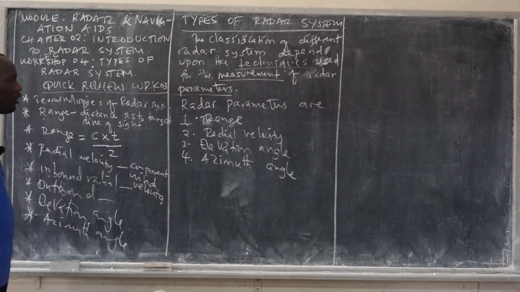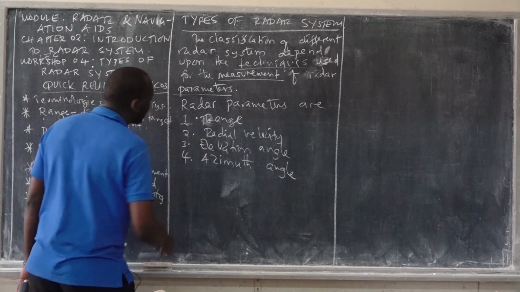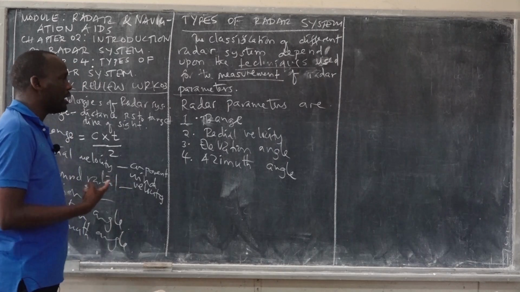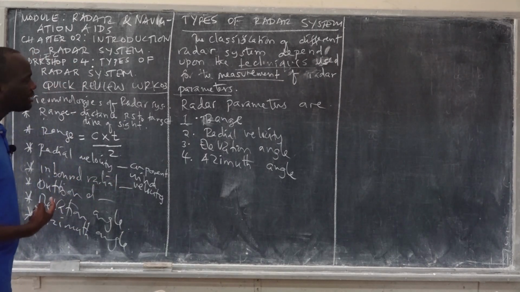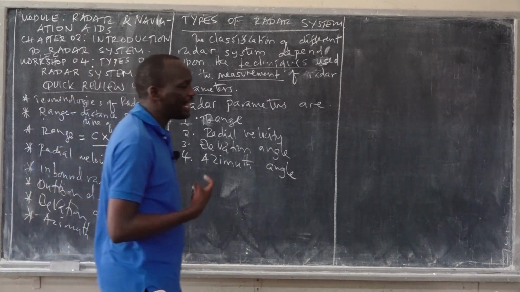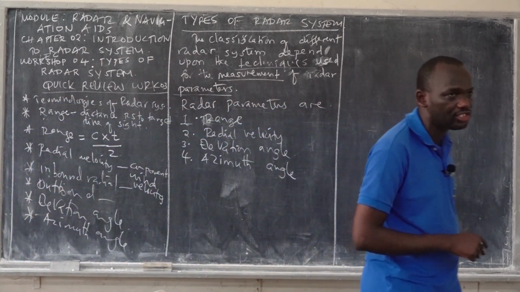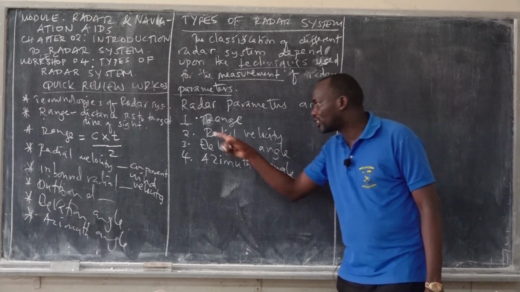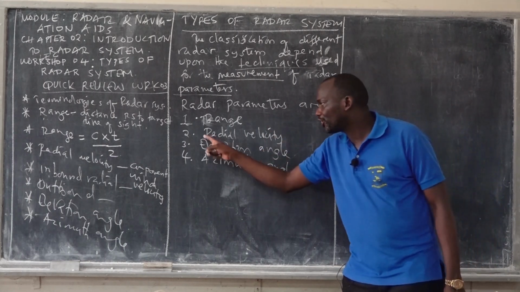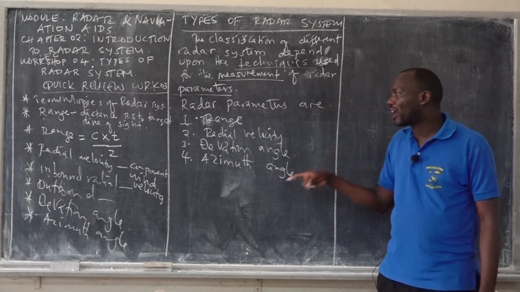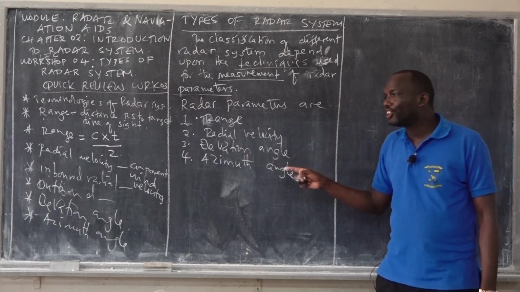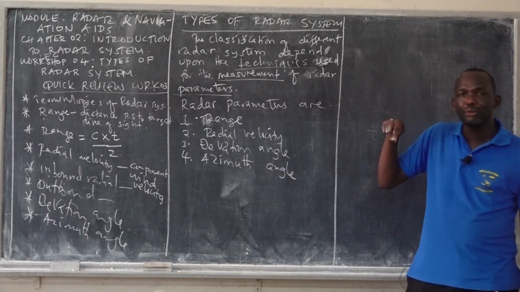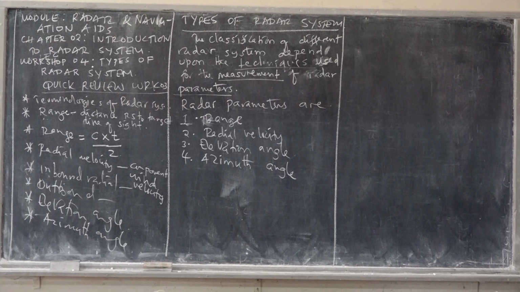We are going to have two main types of radar system, categorized depending on the technique used to determine the range of the target, the technique used to determine radial velocity, the technique used to measure elevation angle, and the technique used to measure azimuth angle of the incoming target.